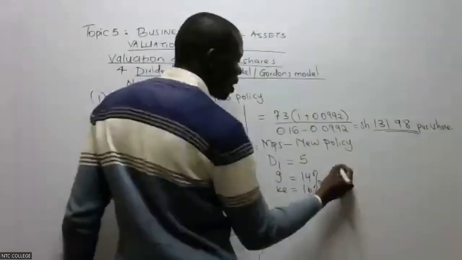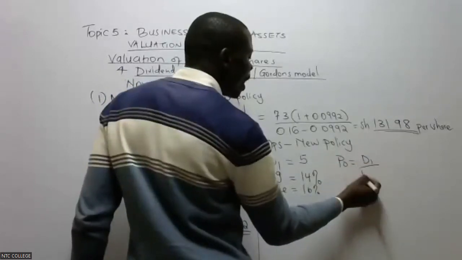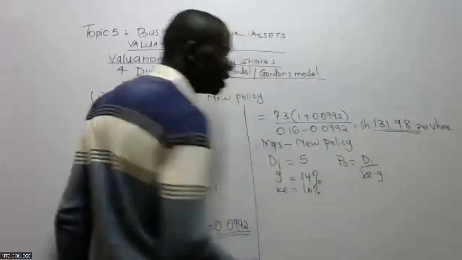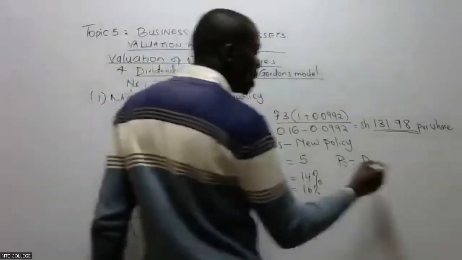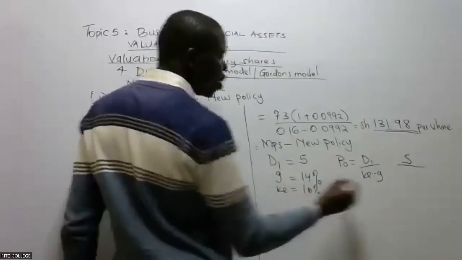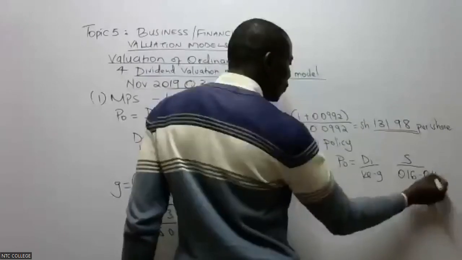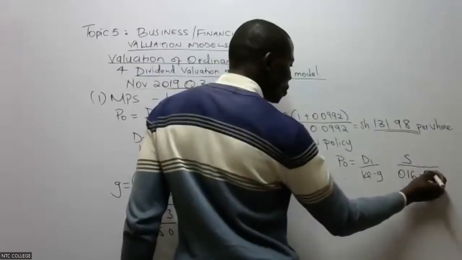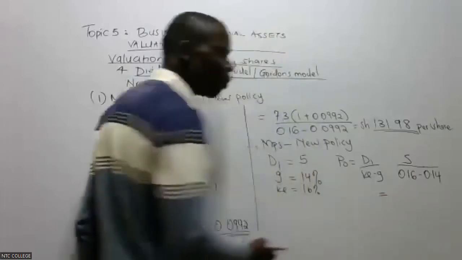So we say our P0 is equal to D1 over KE minus G, which will be equivalent to 5 divided by KE of 0.16 minus 0.14, right?